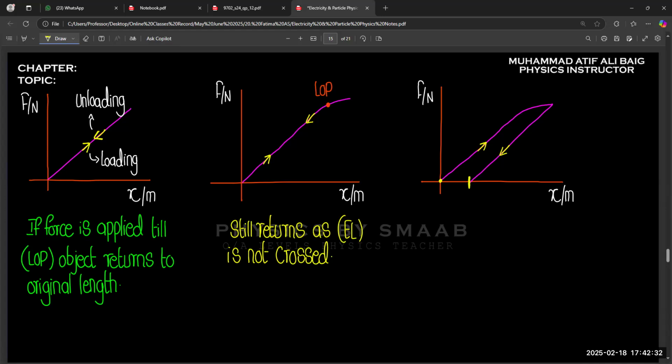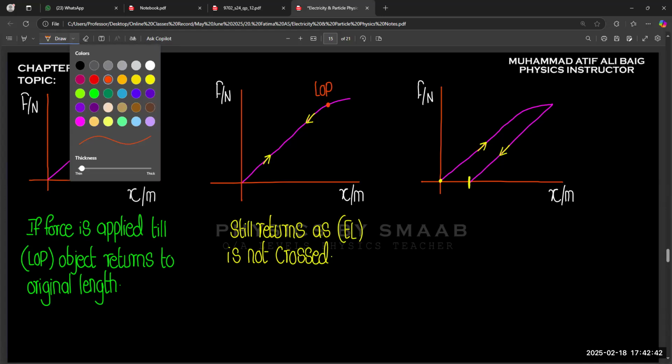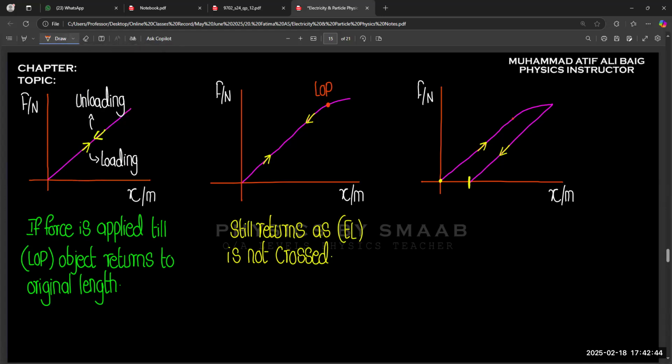Because of permanent deformation, the shape of the body or the shape of the spring permanently changes, and the length also changes. So in this graphical representation, this is, let's suppose, the limit of proportionality. This is the elastic limit, and this is the permanent extension. XP means permanent extension.